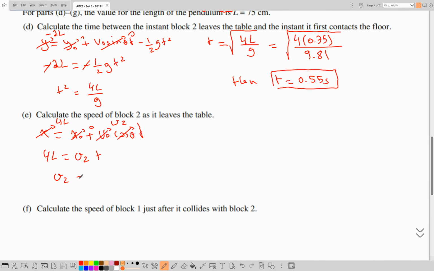Then v2 would be given by 4L divided by t, which is 4 multiplied by 0.75 divided by the time lapse, which is 0.55. Then plugging that expression into the calculator, we find that the initial velocity of block 2 after the collision is 5.45 meters per second.